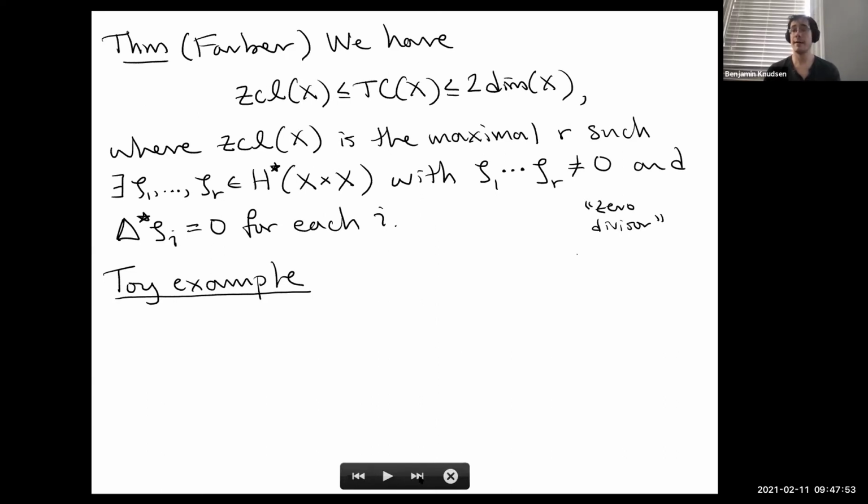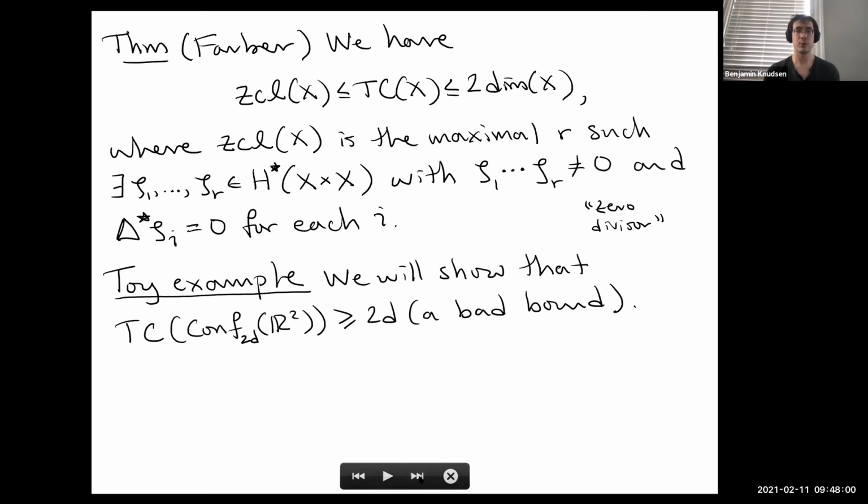So we know a lot about the cohomology of the configuration spaces of R^2. We know basically everything. So this toy example, which seems like it has nothing to do with anything that we're talking about, but secretly does, is the following. We're going to give a bad lower bound on the TC of configuration spaces of an even number of points in R^2. So the theorem from before says that this is not at all the TC. The TC is much larger.